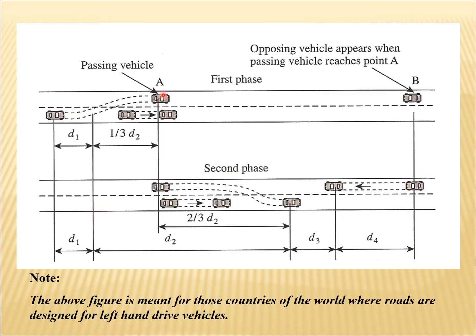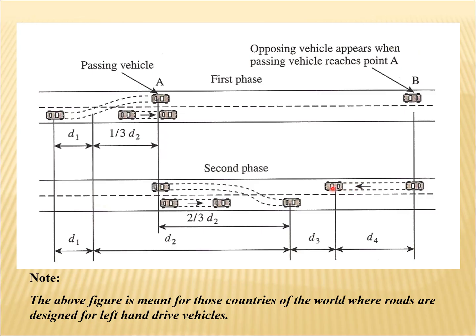Now when the overtaking vehicle is over here, switch over to this part of the figure. So now you can see that this vehicle is going to overtake this vehicle, and then that driver will come back to its original lane, but with care, because this vehicle is coming from the opposite direction, and during this exercise it has reached over here.